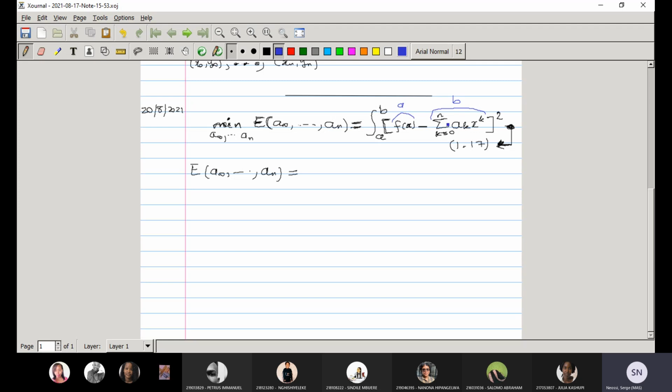Of course, these are functions of x, so let's call that a(x) to indicate that it depends on x, because we are integrating with respect to dx. So we are integrating (a(x) minus b(x)) squared dx.